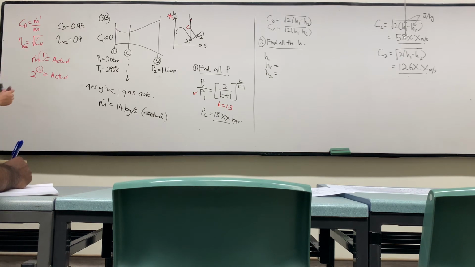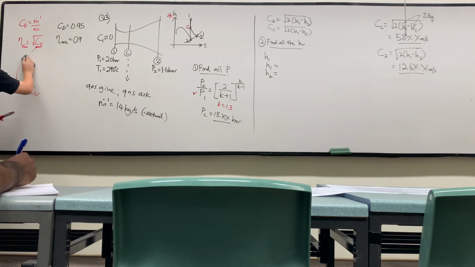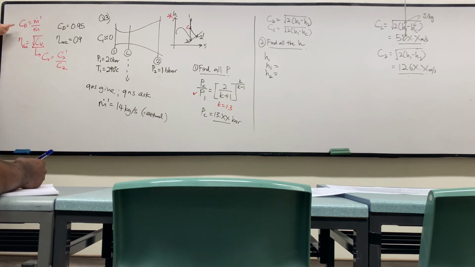So you got another one here, nozzle, this is CD. So this is your coefficient of velocity, coefficient of discharge, which comes from your nozzle efficiency.